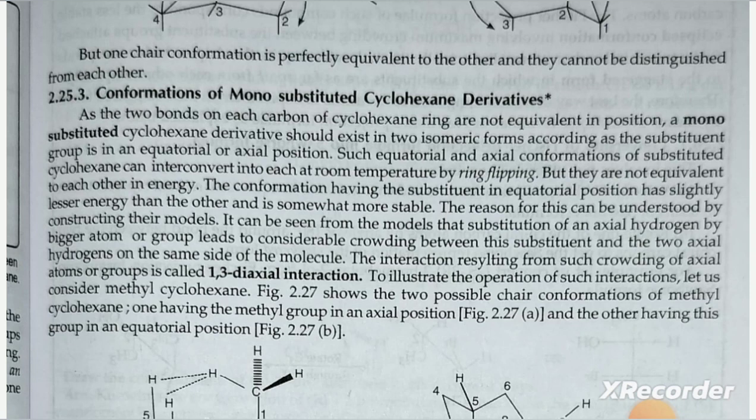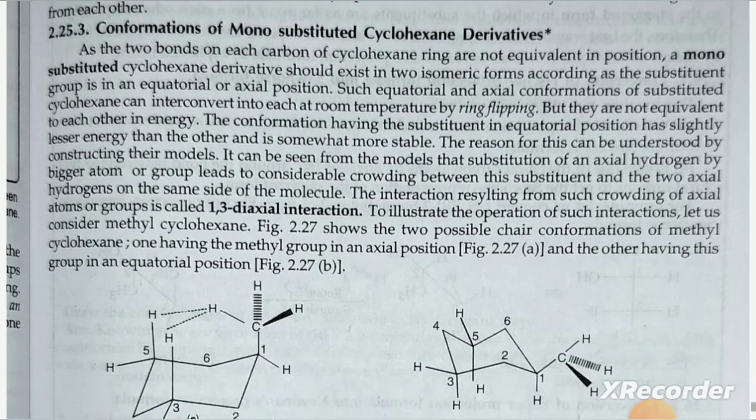To illustrate the operation of such interaction, let us consider methylcyclohexane. Figure 2.27 shows the two possible chair conformations of methylcyclohexane, one having the methyl group in an axial position, figure 2.27a, and the other having this group in equatorial position, figure 2.27b.